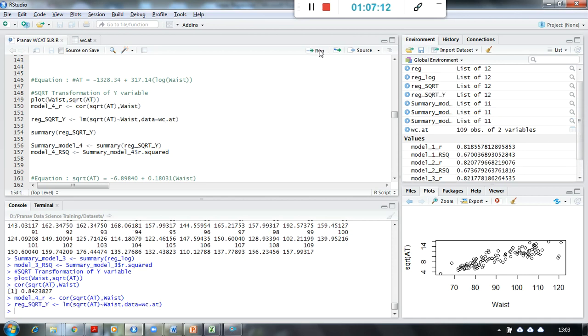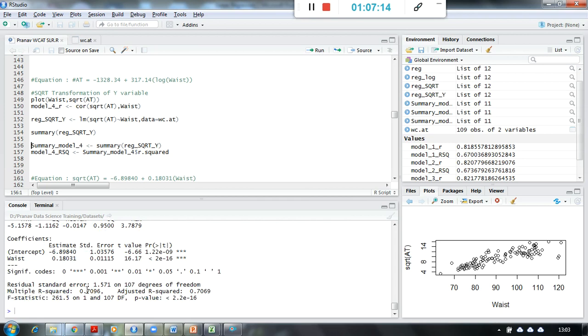Look at the summary, and yes, you can see here r square has improved. The p value is again almost 0, e to the power minus 16, which means we are going in the right direction of building the model, right? So let me store this r square as well.